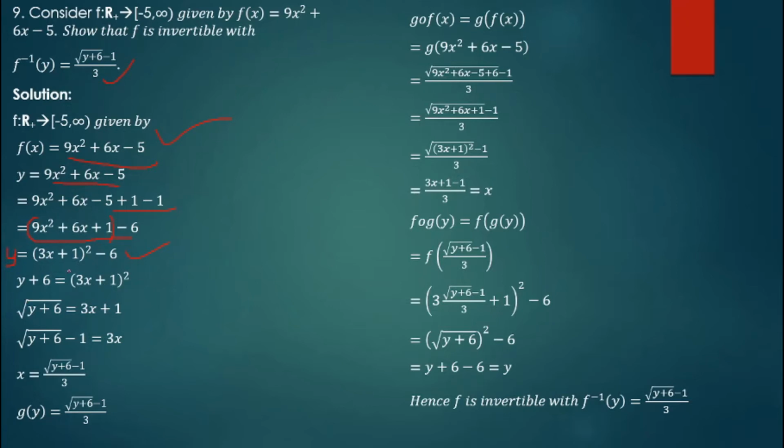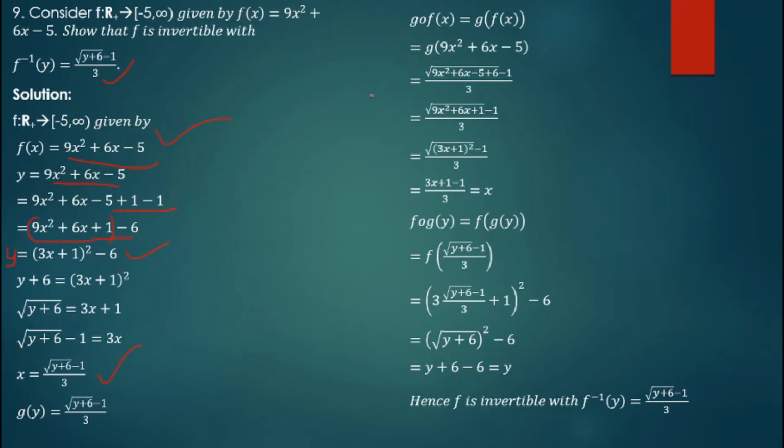Taking square root on both sides, we get root y plus 6 is equal to 3x plus 1, and then plus 1 over to the LHS, that is minus 1, equal to 3x. So x is equal to root of y plus 6 minus 1 by 3. So here we got x in terms of y. So g of y is equal to root y plus 6 minus 1 by 3.